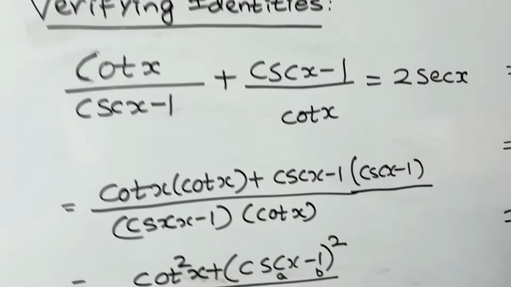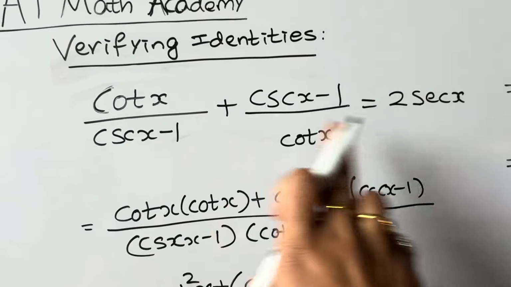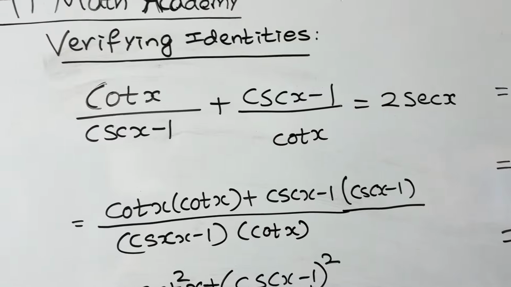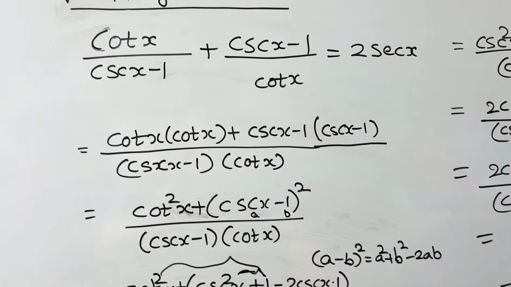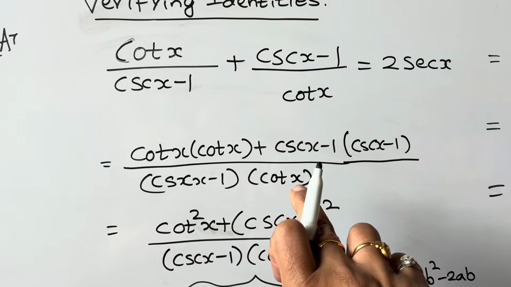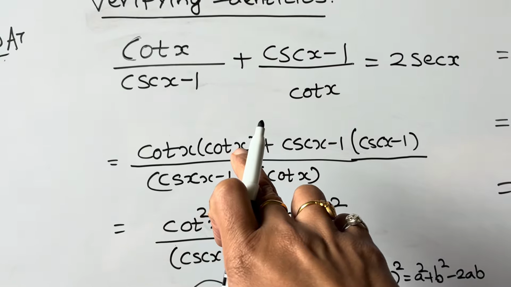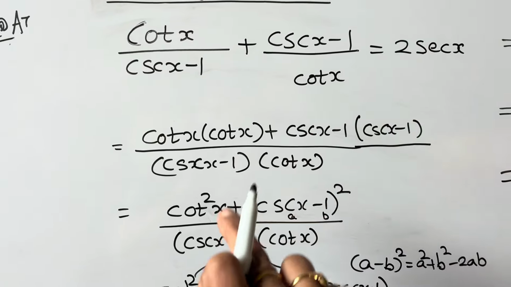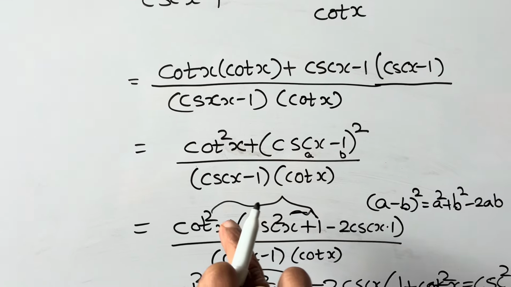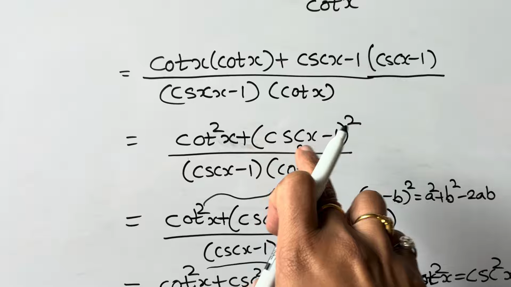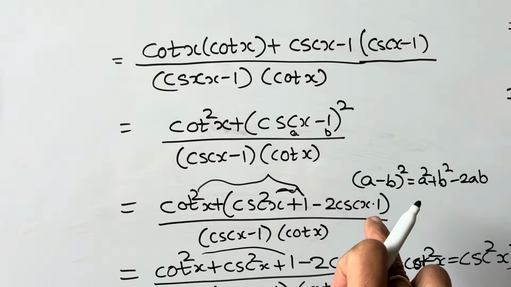So I'm going to recap everything here for you. So this is my identity that I need to prove, and I'm going to use my trigonometric identities for this. So this is my first step of taking the common denominator and multiplying the first term and the second term with the denominators. Then I get this step, and in this step I'm going to apply the formula of a minus b whole square and elaborate it.